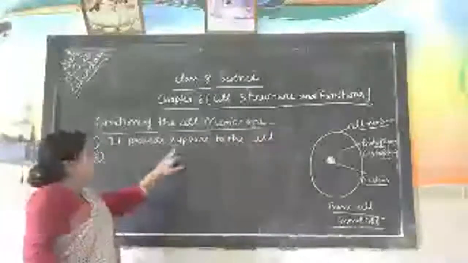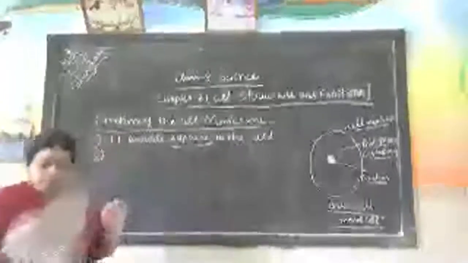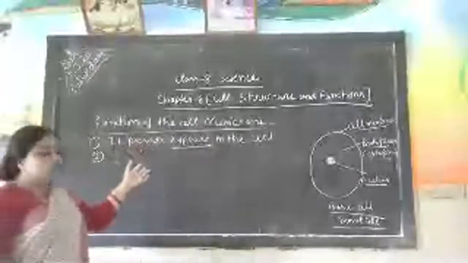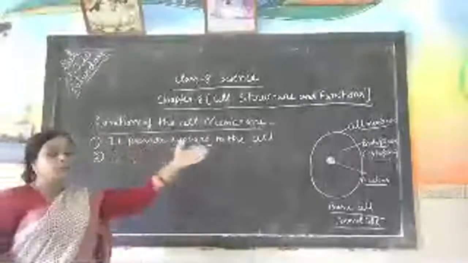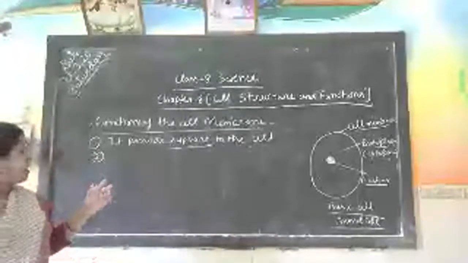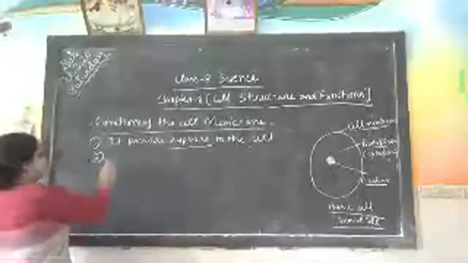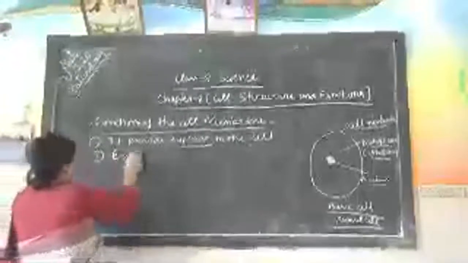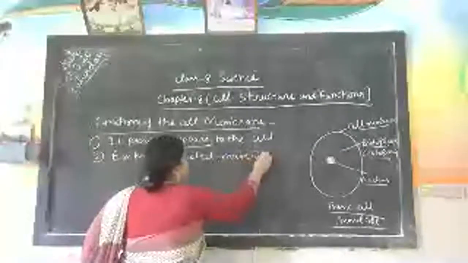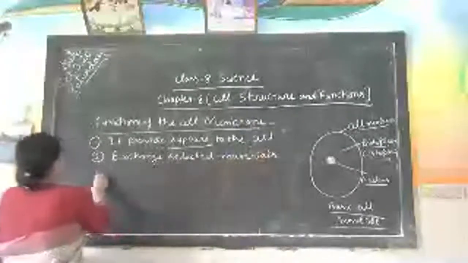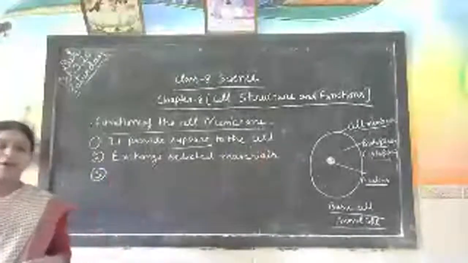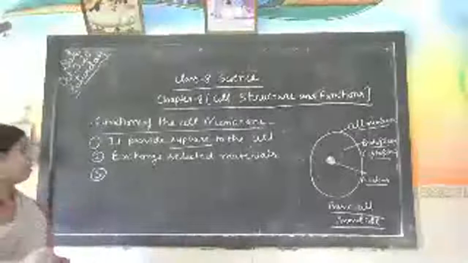Exchange of materials takes place because we know that this membrane is semi-permeable, so it helps in exchange of materials. It provides shape to the cell.